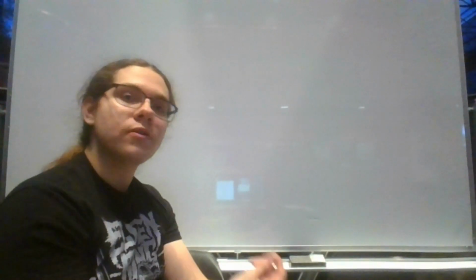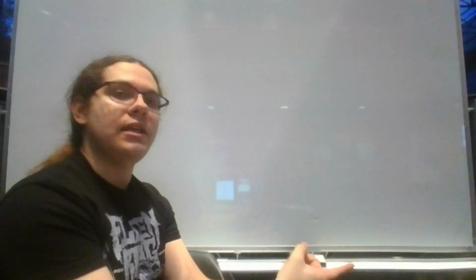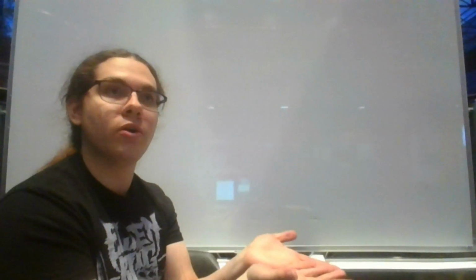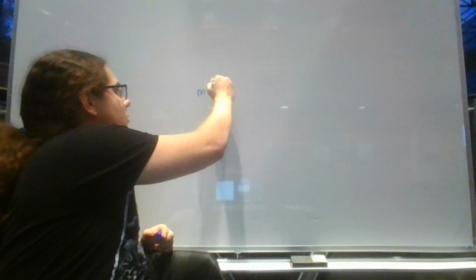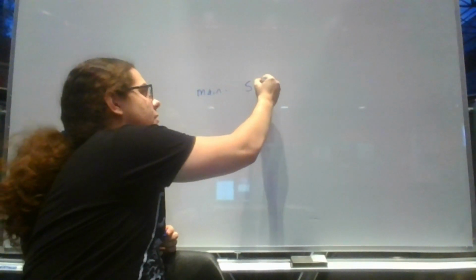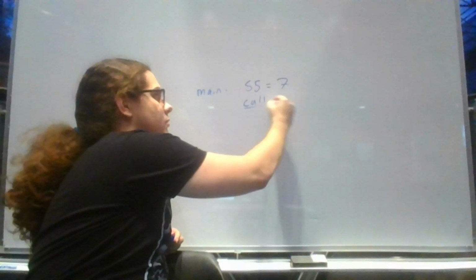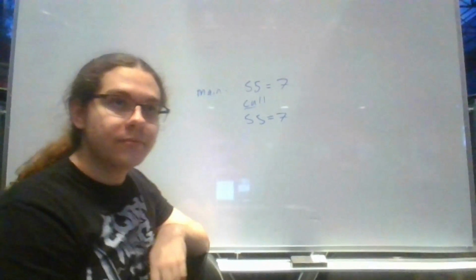If it's a preserved register, or I like to call it a saved register, that means that the callee is in charge of making sure that register has the value it originally had. So if originally in main I had S5 equal to 7, and then I did a call for a function, after that call, S5 had better still be 7.